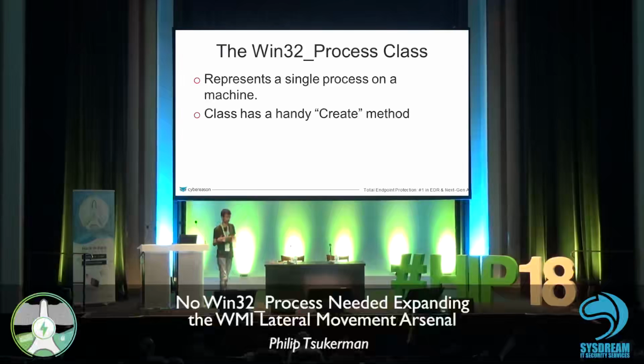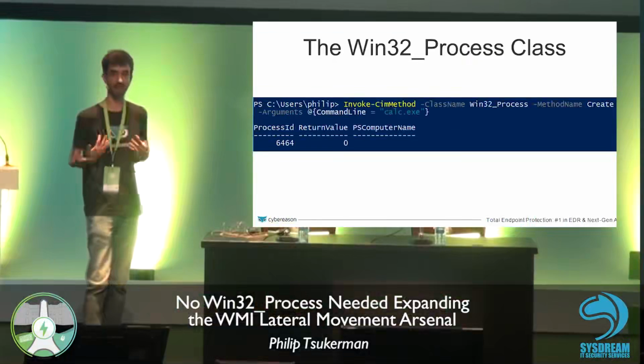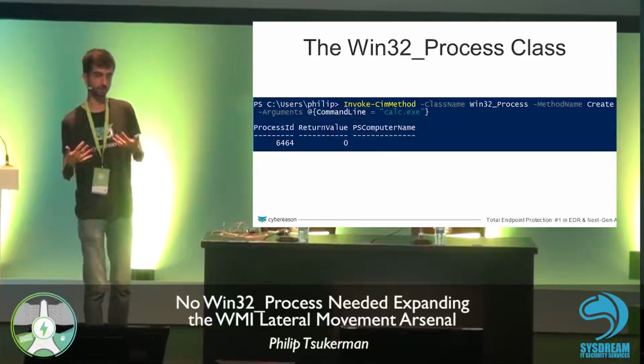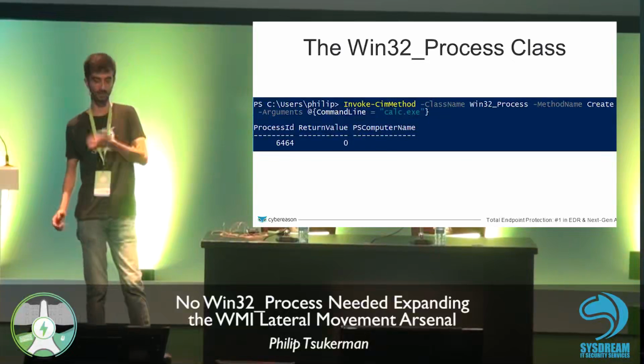we can understand how this whole lateral movement technique works. The Win32_Process class, as I've said, represents a single process on a machine. And this class has a method called Create, which is basically an abstraction of CreateProcess. So when you invoke the PowerShell command that's behind me, what happens behind the scenes is that I communicate as a client with a local or remote instance of the WMI service, and I send a request to use the Create method of Win32_Process with the supplied arguments.